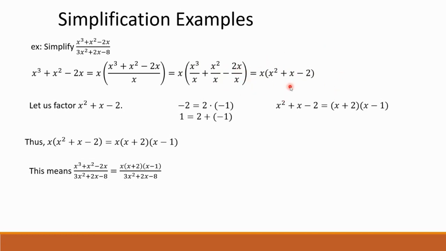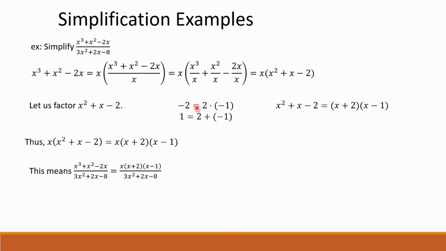Okay, let's see if we can keep going, because here we want to know if we can factor x squared plus x minus 2. Well, remember, that's a trinomial, meaning it's 3 terms. It's degree 2. Its leading coefficient is 1. So from here, we want 2 numbers whose product is -2 and whose sum is 1. And you can see that 2 and -1 pull that off.